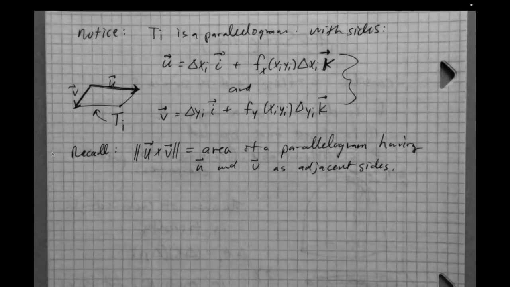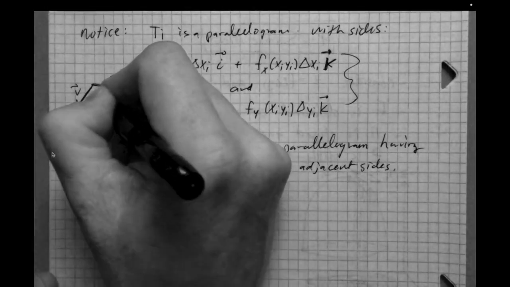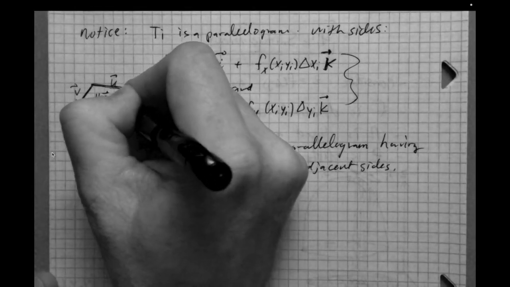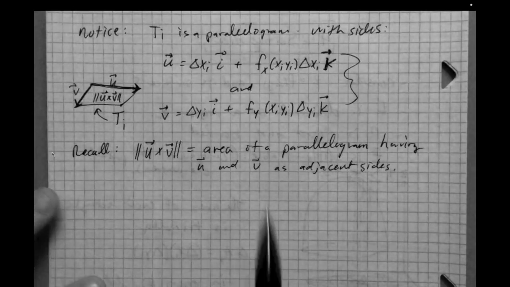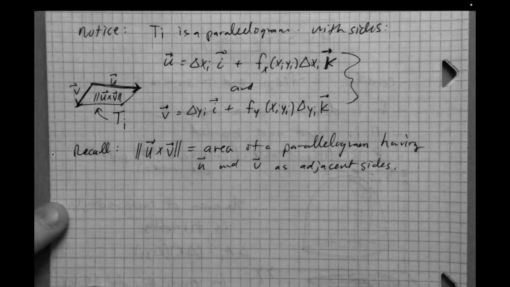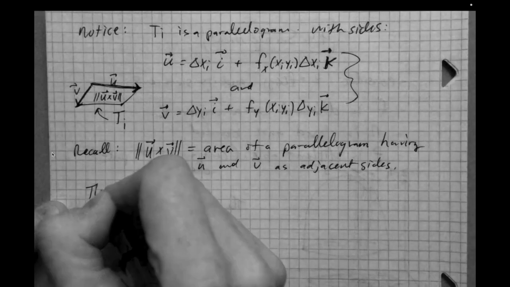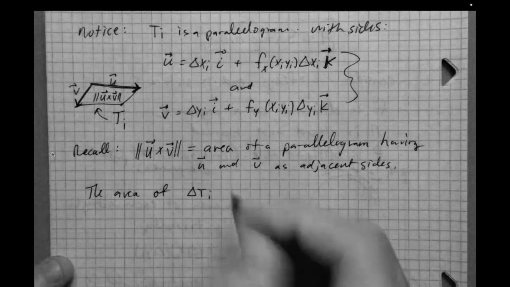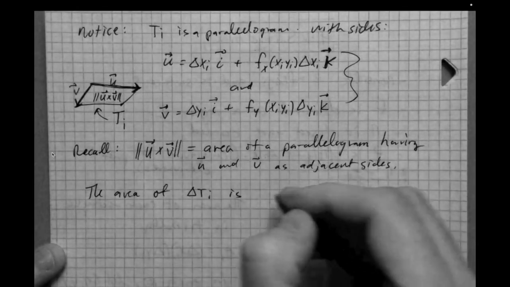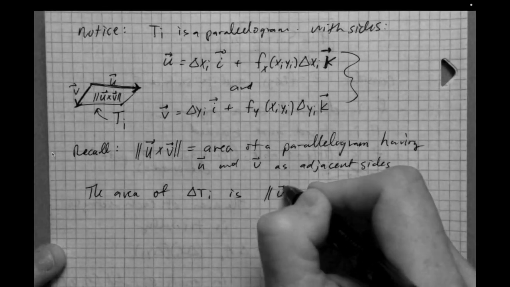So this area can be calculated by crossing U and V and taking the norm. And that being the case, we can come up with a general expression for the area of each of these Tis. So the area of delta Ti is going to be equal to this.